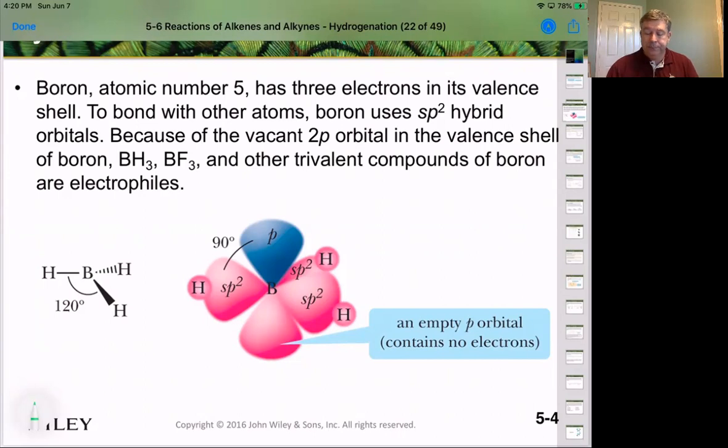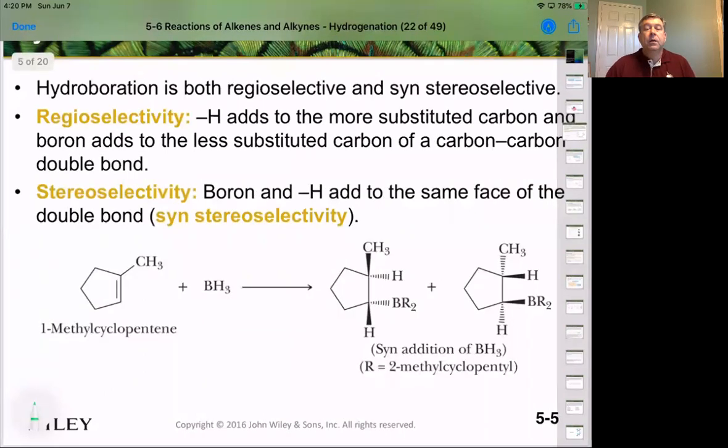Okay, so I said before that hydroboration is both regioselective and also what we call syn stereoselective, meaning it's going to add them both across the same side of the bond. Remember when we talked about the trans or anti-addition we saw in adding a bromine across a double bond? One of the bromines ended up on top, the other ended up on the other atom on the bottom.